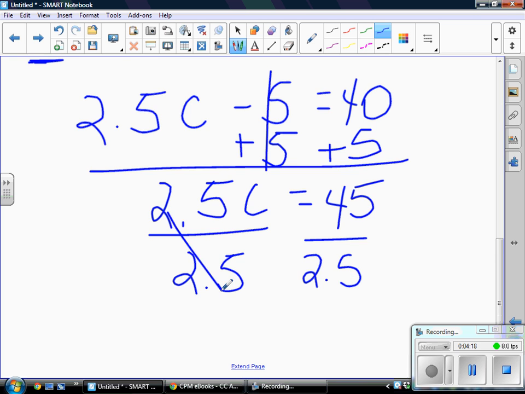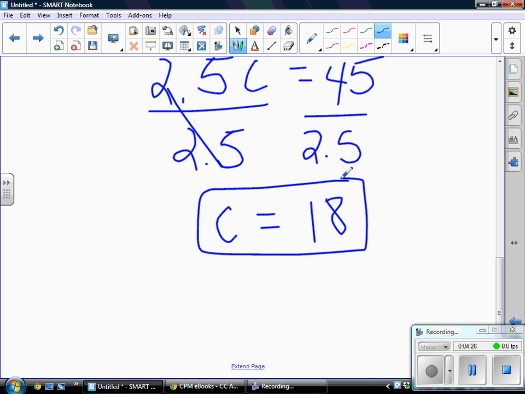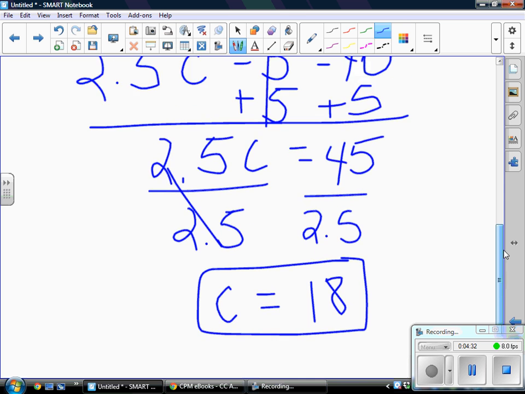This will cancel. I will get C is going to equal 45 divided by 2.5 is 18. So there are 18 pennants from California. Now that's not my final answer. I need to go back and find Pennsylvania and Washington as well.